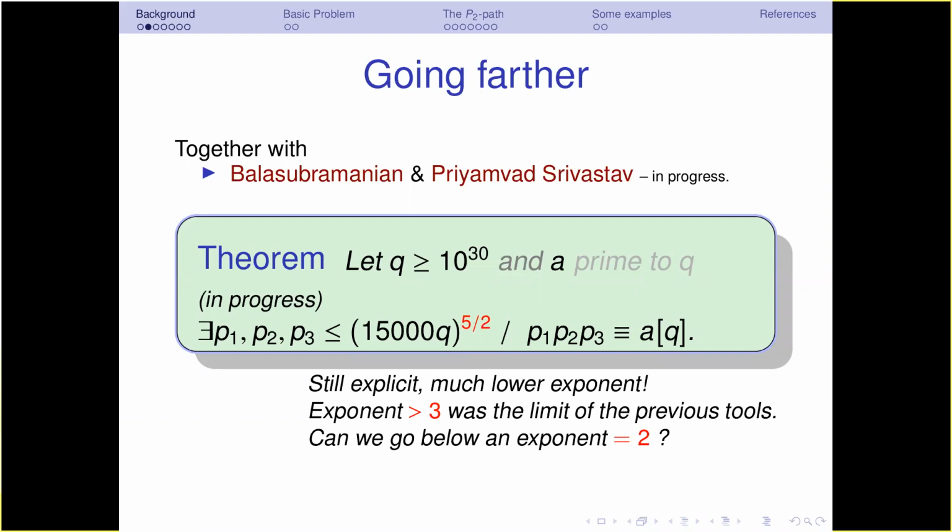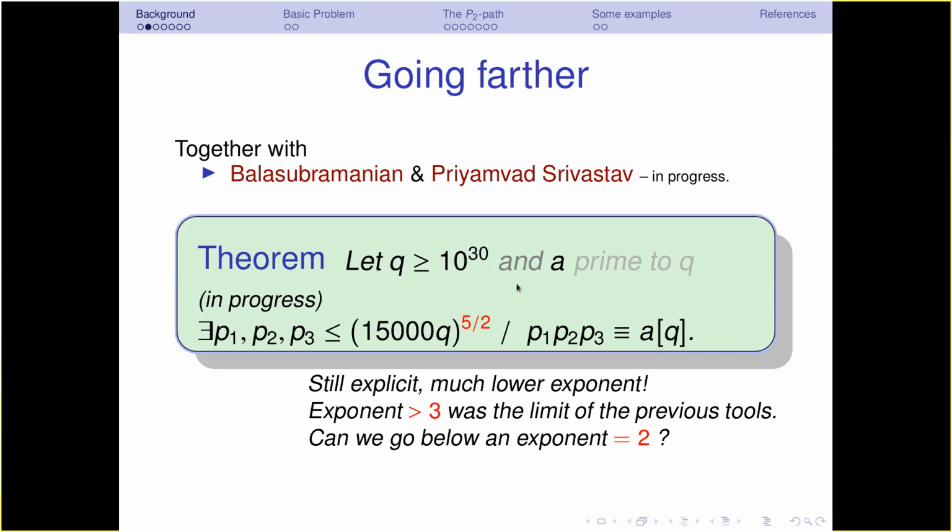So we can go down to 2.5. It's still explicit, but the proof is getting more complicated. So you see the constants are less good, q larger than 10 to the 30. You have the 15,000 in between.